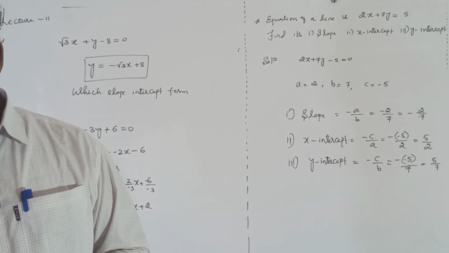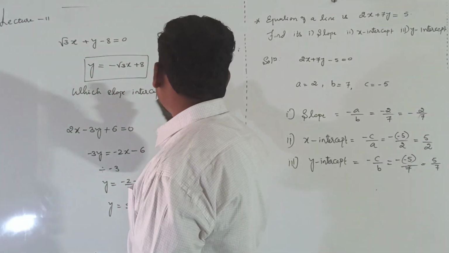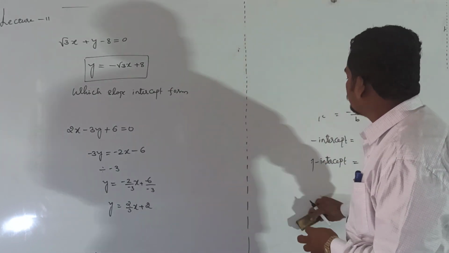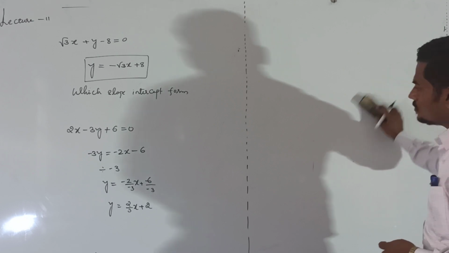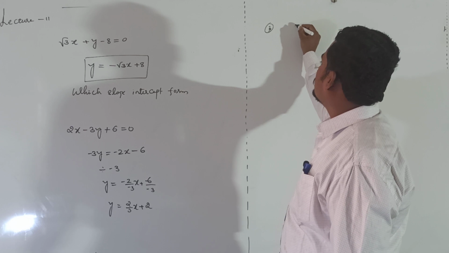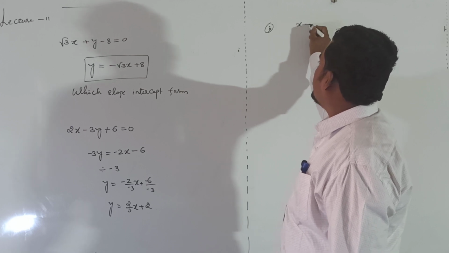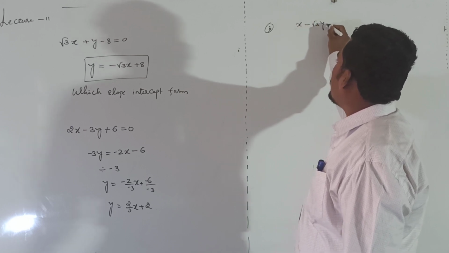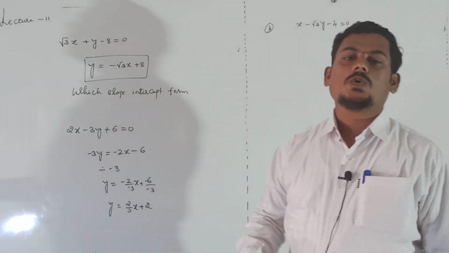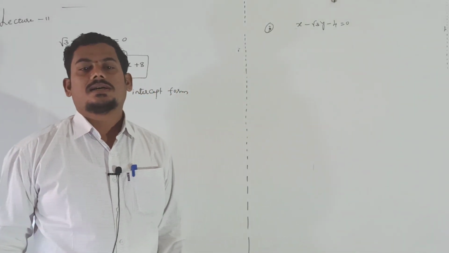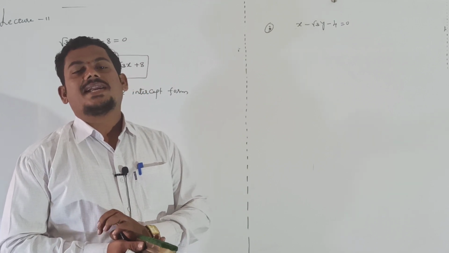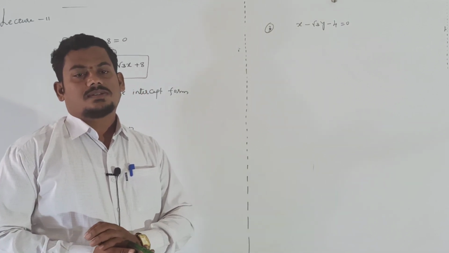Next problem. Reduce the equation x minus root 3y minus 4 equal to 0 into slope intercept form and find its slope and y intercept.